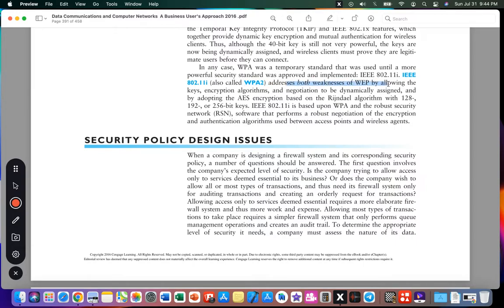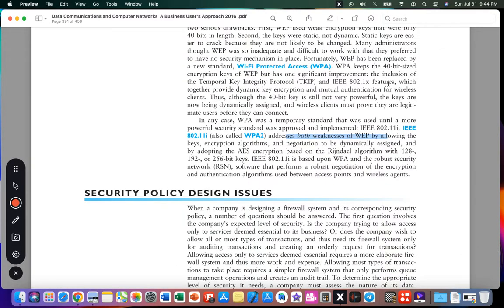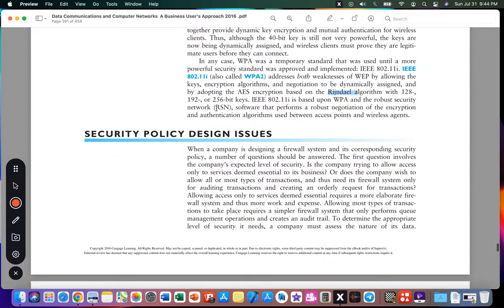It addresses both weaknesses of WEP, allowing keys and encryption algorithm negotiation to be dynamically assigned, and by adopting AES encryption based on the Rijndael algorithm with 128, 192, or 256 bit keys. 802.11i is based upon WPA and the Robust Security Network (RSN) software that performs a robust negotiation of the encryption and authentication algorithms used between access point and wireless agents.